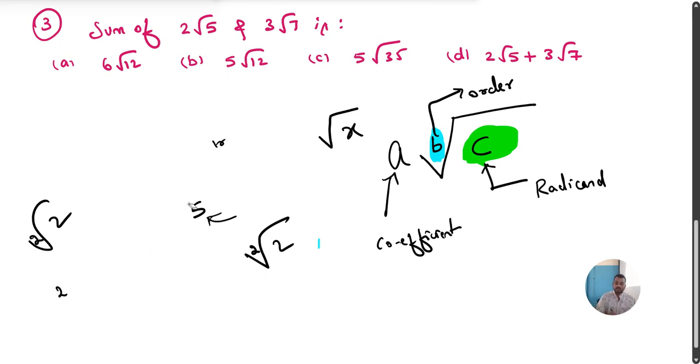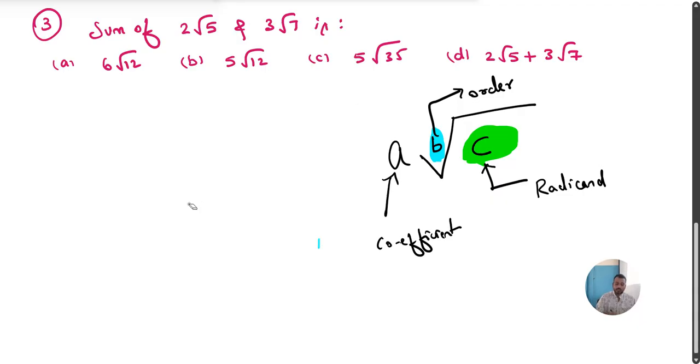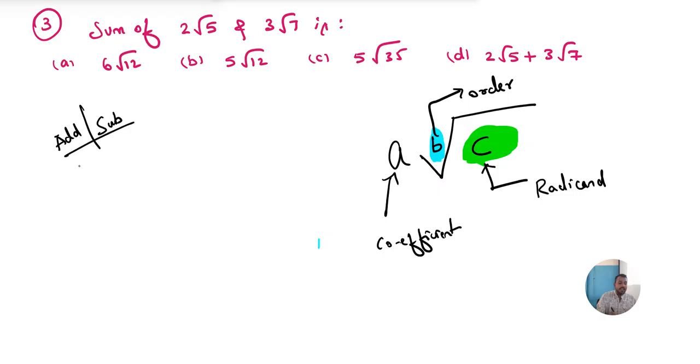My dear students, now let me come back to this concept. Very important: if we want to add or subtract any two surds, there is a condition. What is the condition to add two surds, or to subtract, and also to multiply?